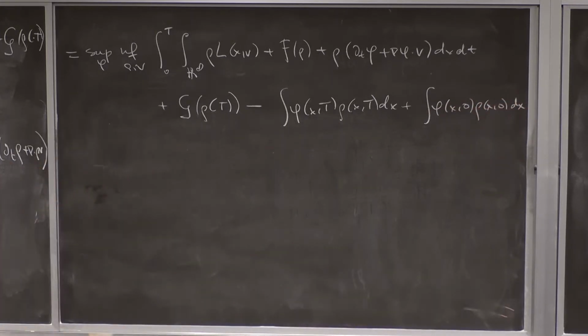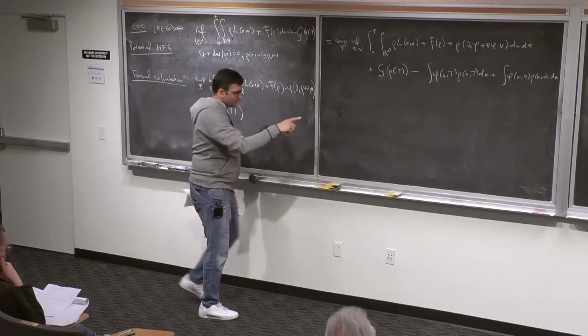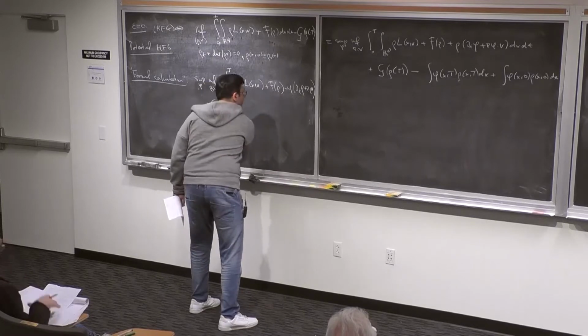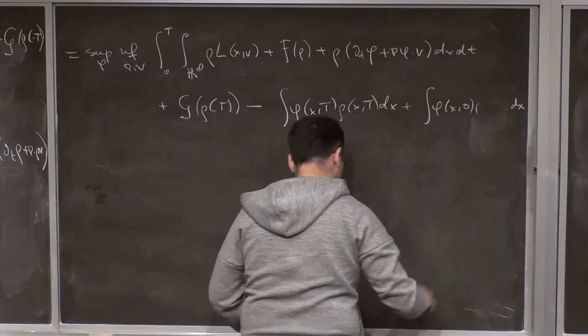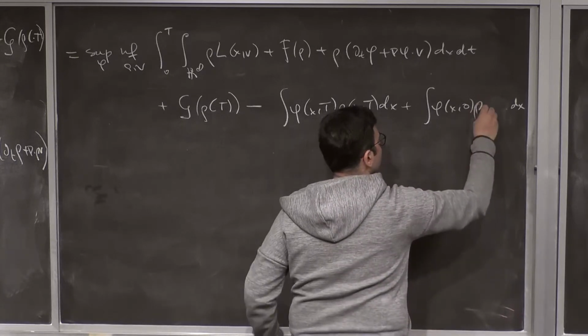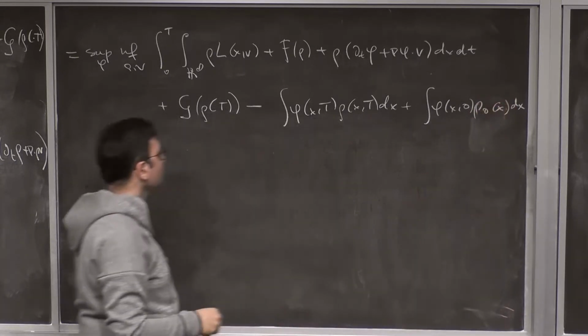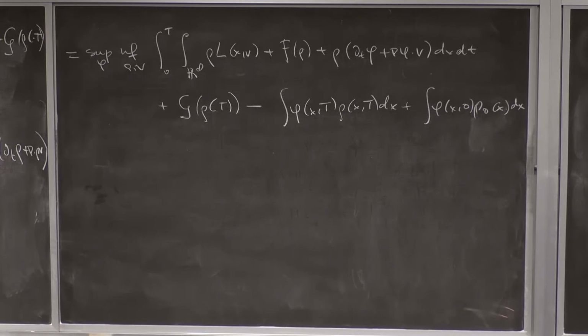And let's make the following observation, because rho x0 is rho 0 x. For this term here, I'll just write rho 0 of x. And I have this. Okay.